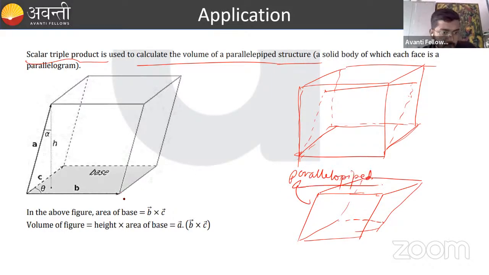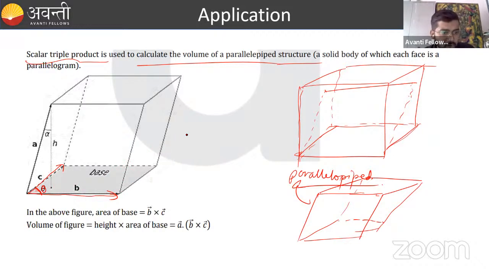Now let's try to prove something. Here you can see this is the base, and the adjacent sides of the base are represented by B bar and C bar, and the angle between B bar and C bar is theta, right?